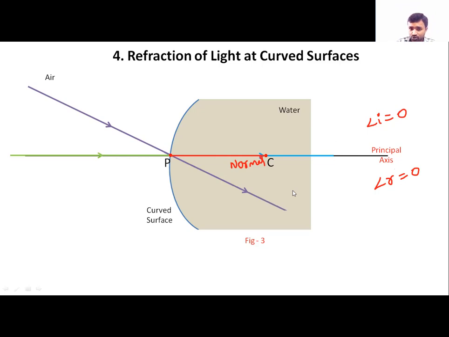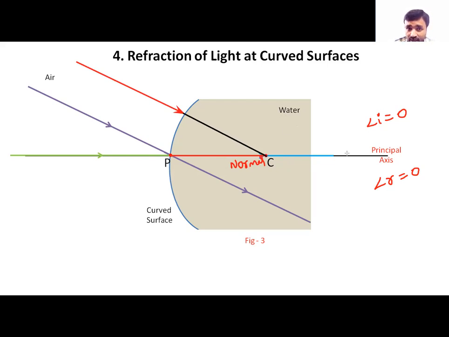Then one more I have to show here. One is simply directed towards the center, right? The light ray incident which is directed towards the center. In this case, what happens? It is also incident normally. So I will show you that line. The line joining the center and the point of incidence is called what? Normal.